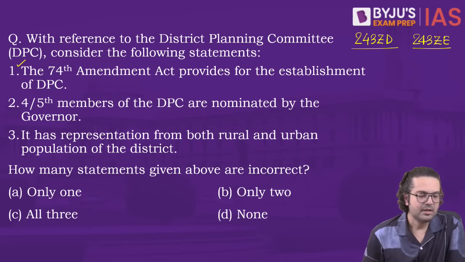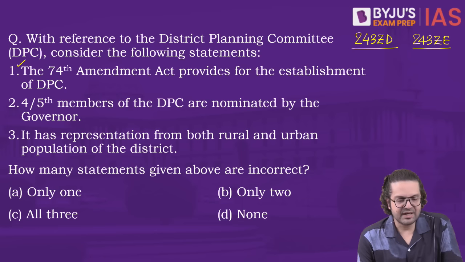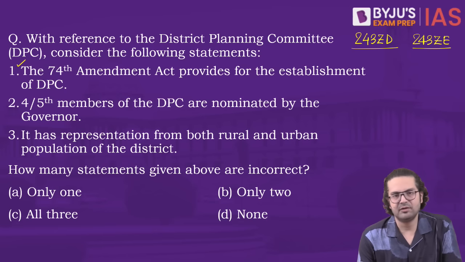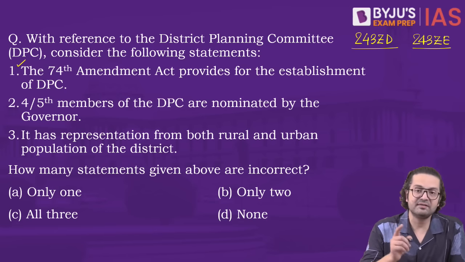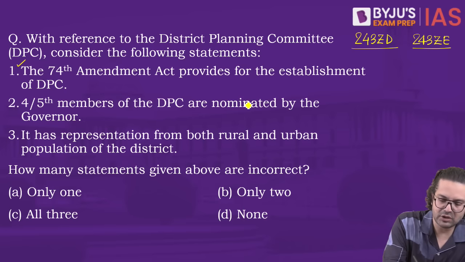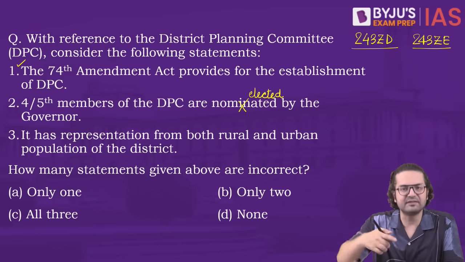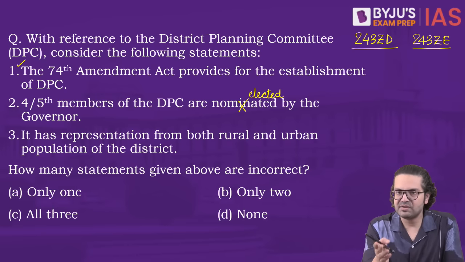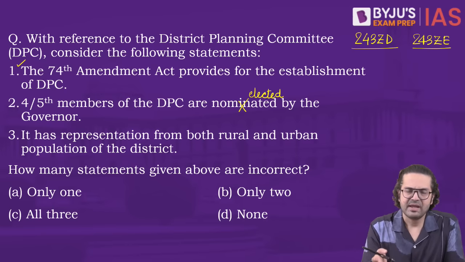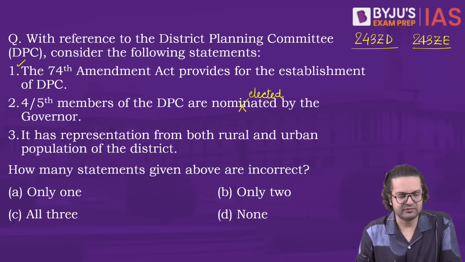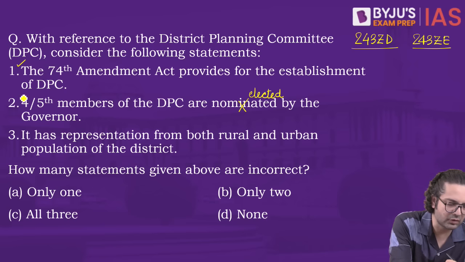1 is correct. 4/5 members of DPC are nominated by the governor. No. 4/5 members are elected. Okay, not nominated but elected. And elected by and from amongst the elected members of panchayats at the district level and all the members of municipalities. So 4/5 members are elected, rest are nominated. 2 is wrong.